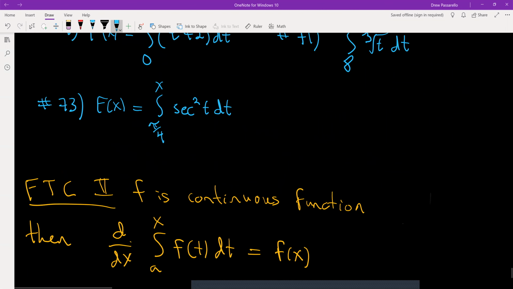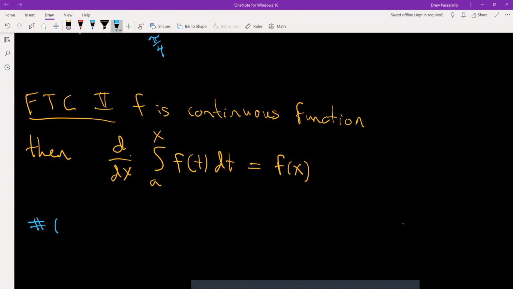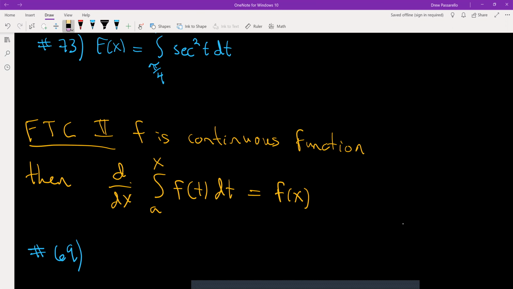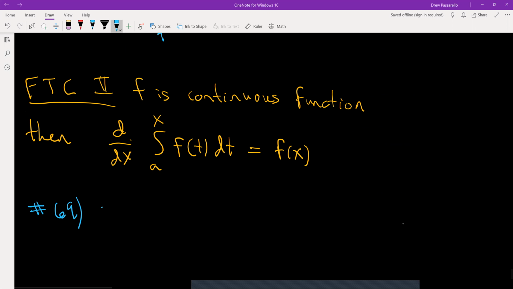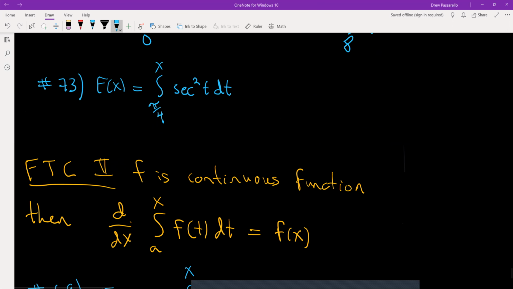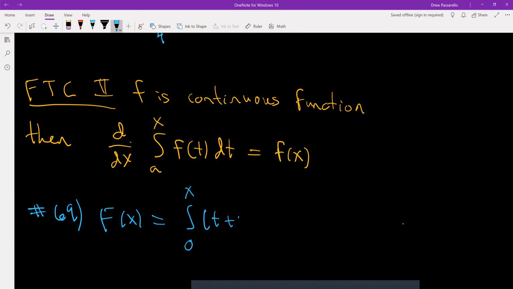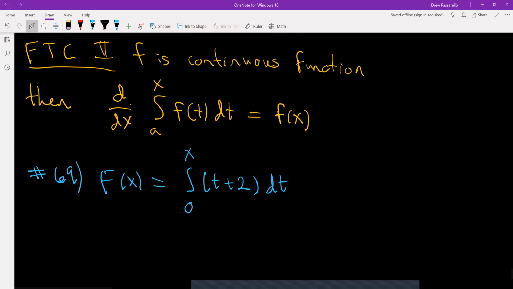So for number 69, we're integrating. First off, capital F of x is going to be equal to that integral. Part A is going to be integrate.